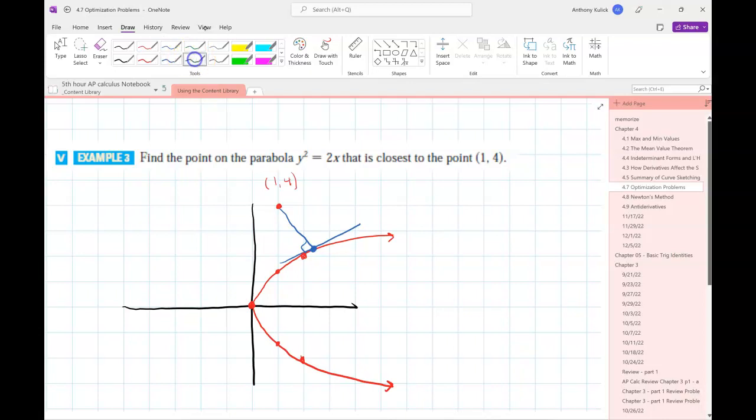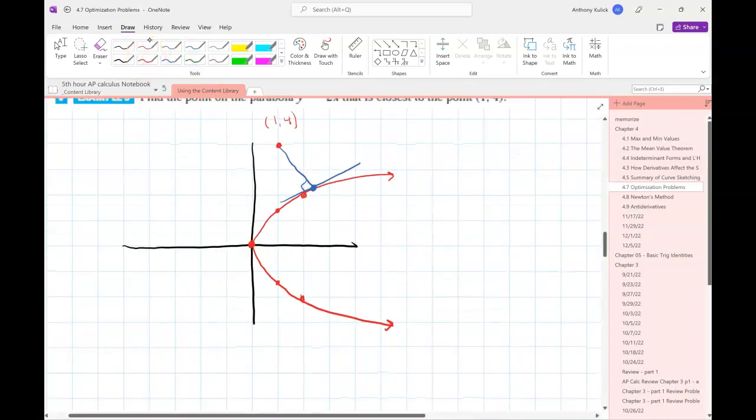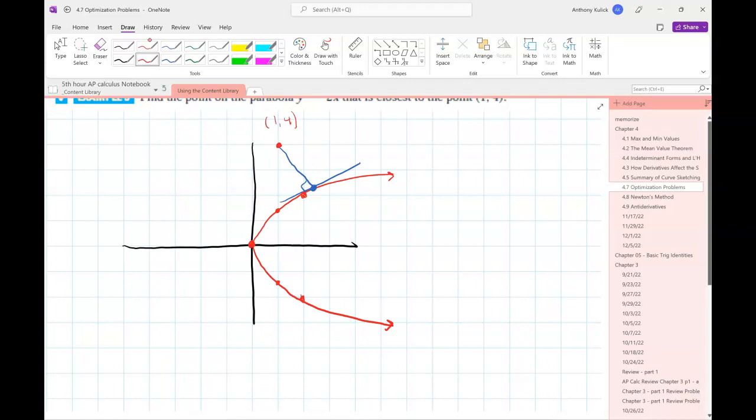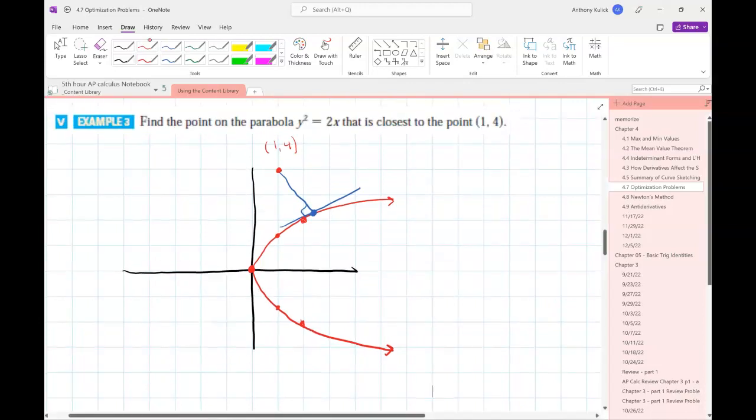Now, in other words, what's the other way we could think about this? If we're looking to find the point on the parabola that's closest to 1, 4, I guess let's give this a name, call it point P. What else could you consider it is that we're doing?